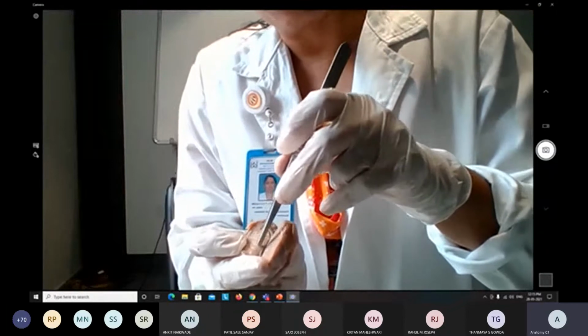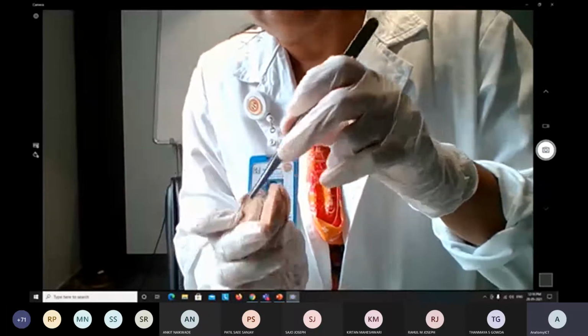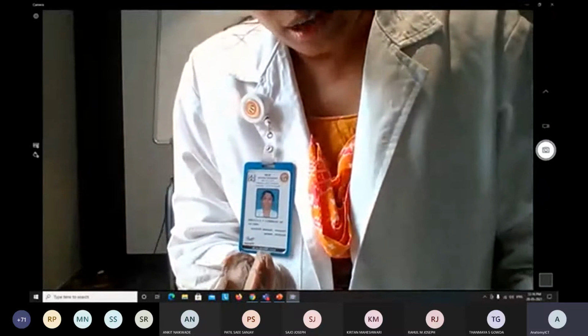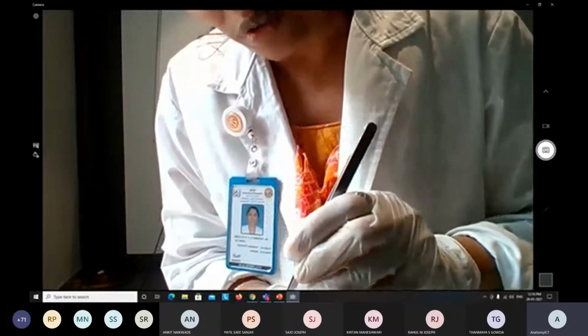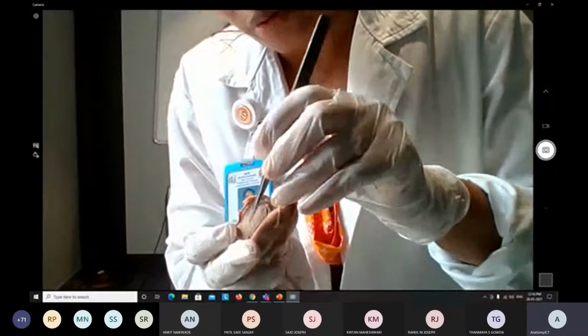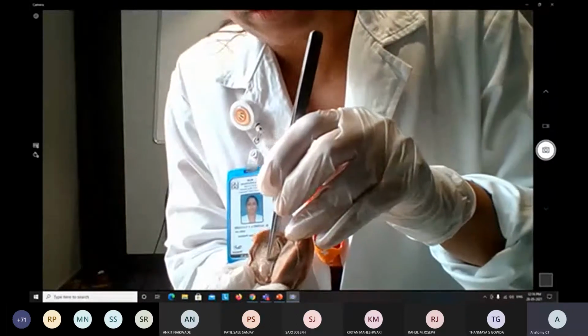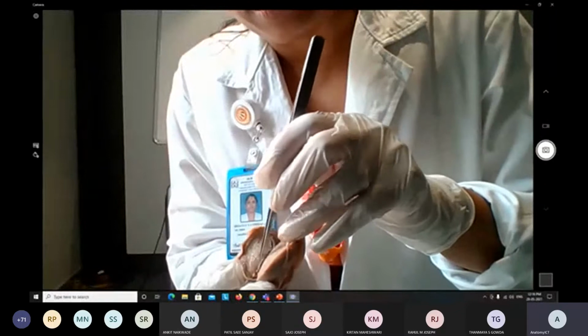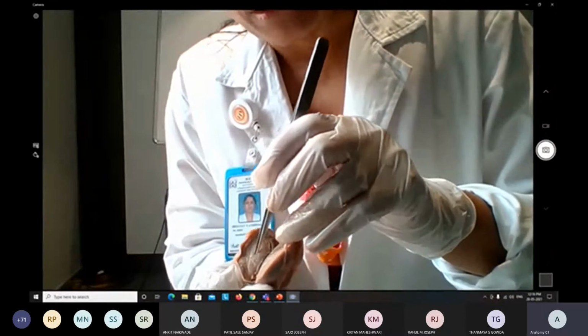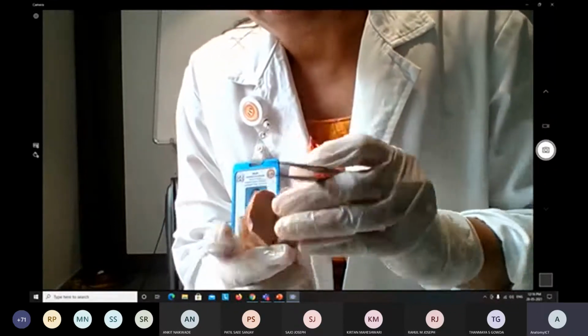Inside each lobule, there will be a coiled structure called the seminiferous tubule. Can you make out these minute coiled structures? I'm not sure how much you can appreciate. These are all the seminiferous tubules.